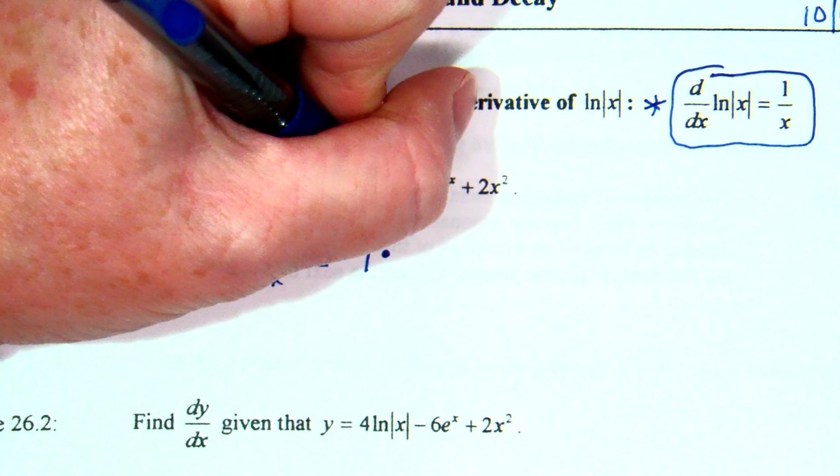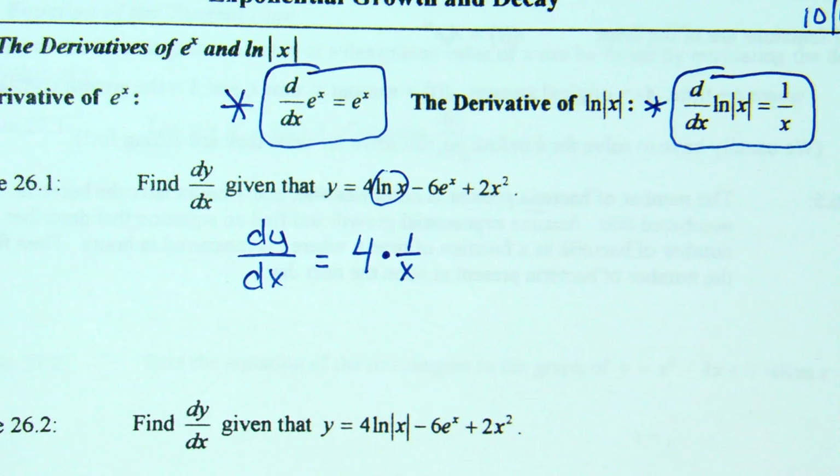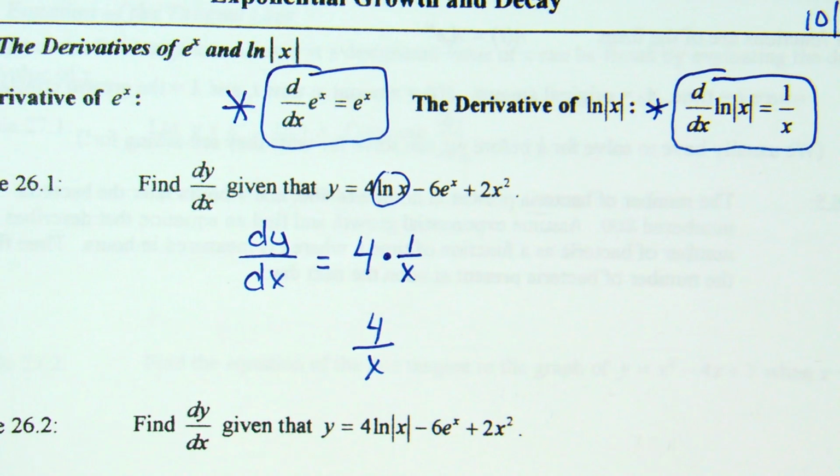So we're essentially doing 4 times 1 over x, and that is 4 over x. Does that make sense? So cleanup form is 4 over x. If you write it in pieces to begin with, which you probably won't once we get past this initial introduction, but you can. Minus 6e to the x.